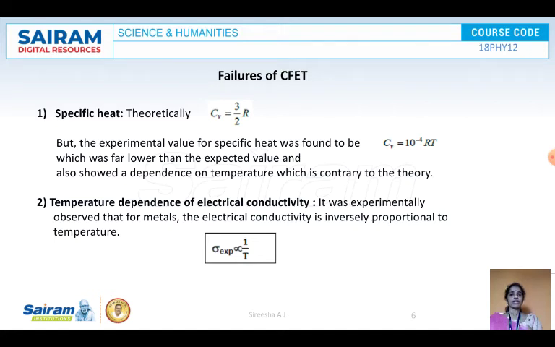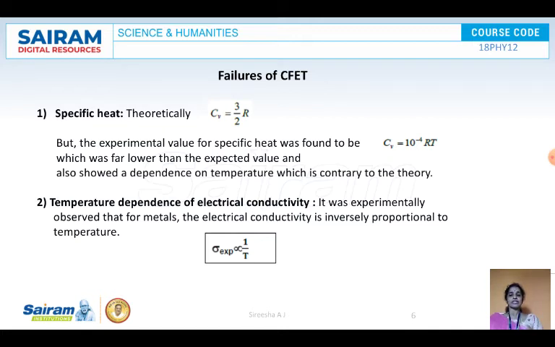The experimental value is very much less compared to the theoretical value. So experimental values are not in agreement with the theoretical value, and the theory could not explain the specific heat. So this was the first failure.